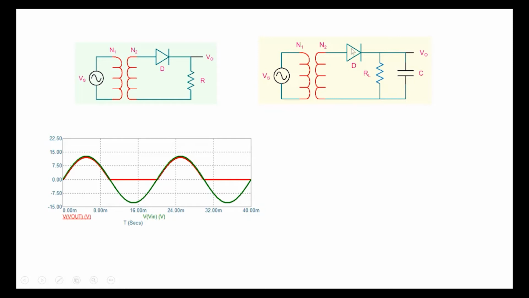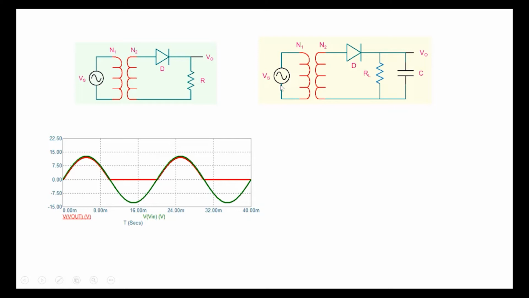And so the idea is that if we choose the capacitor to be large enough, all the frequency components will get shorted here, and for DC the capacitor is an open circuit, and therefore the DC voltage will remain, and all the frequency components will get shorted.